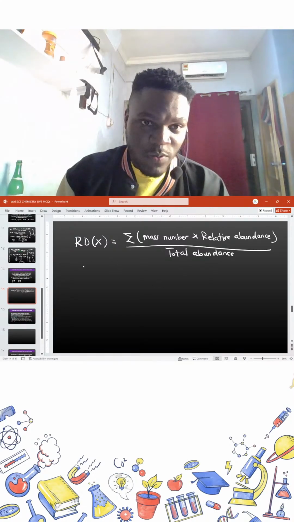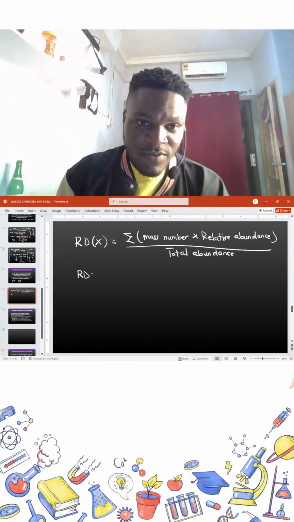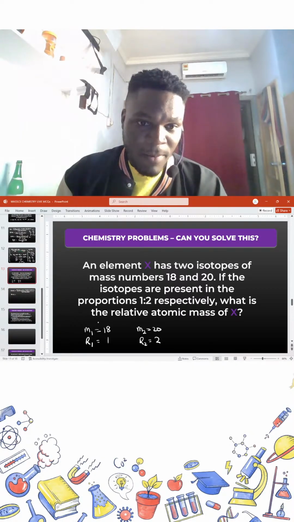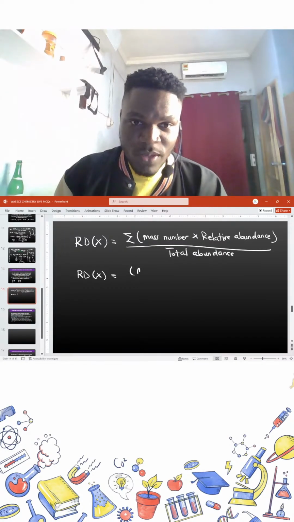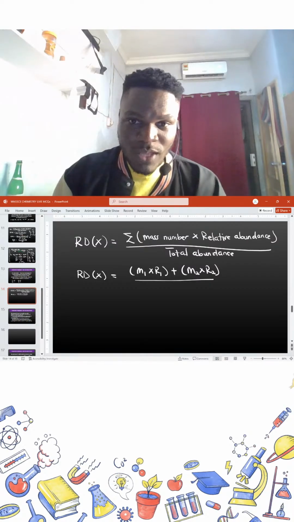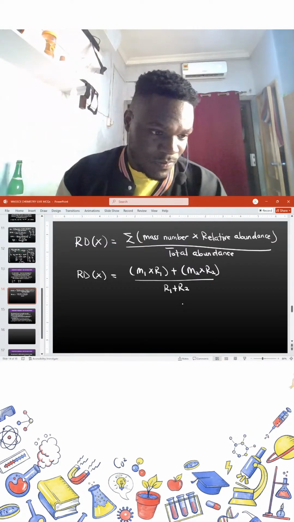Are we okay? So from here, the relative atomic mass of isotope X will be equal to, now the first one, the mass number is 18, the ratio is 1, okay? So let me rewrite this. This will be M1 multiplied by R1, then plus, in bracket, M2 multiplied by R2, all over total abundance, which will be R1 plus R2.